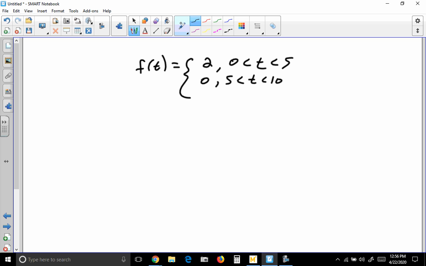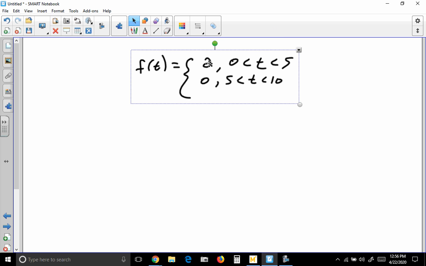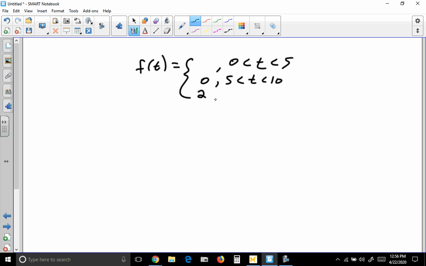Let's do the 2 down here at the end when t is greater than 10. And let's do sine 2t here.